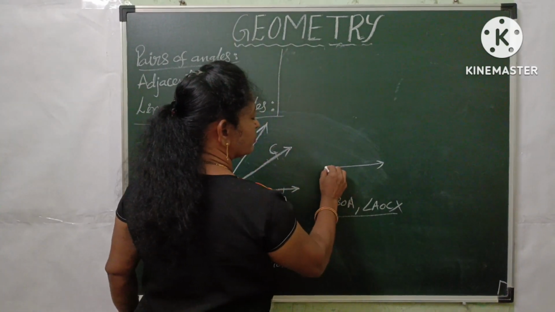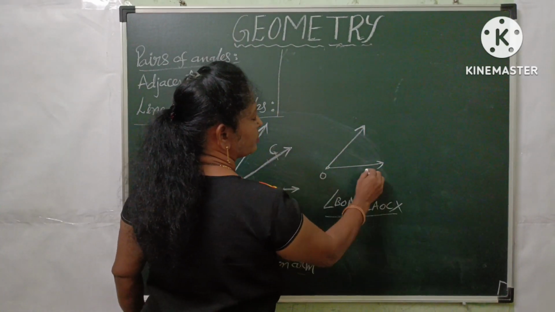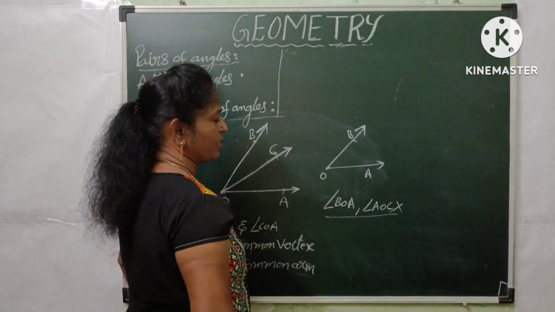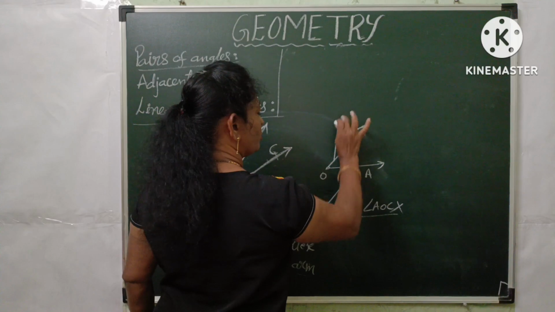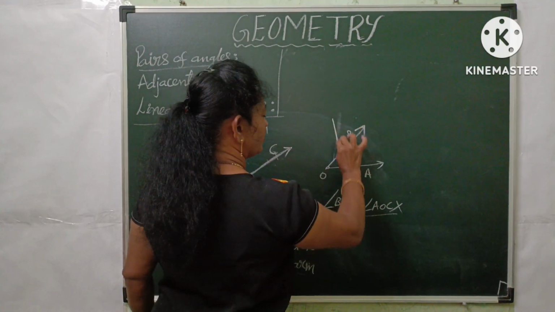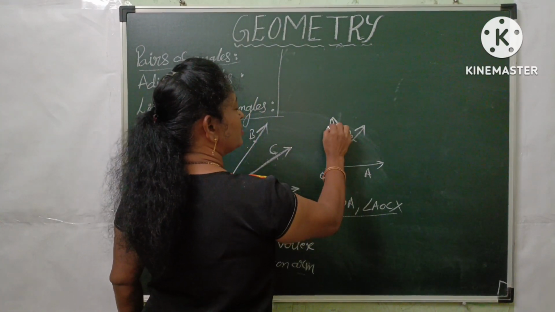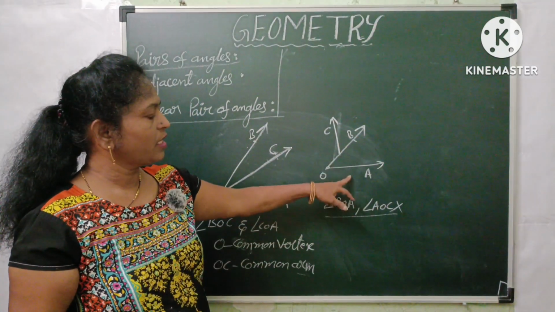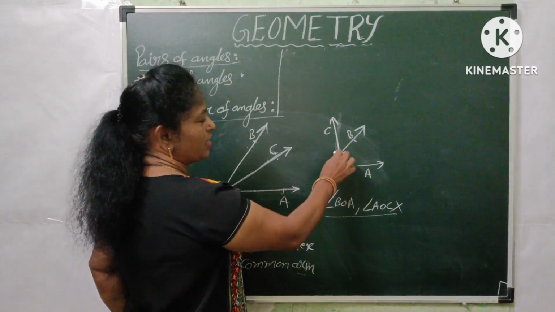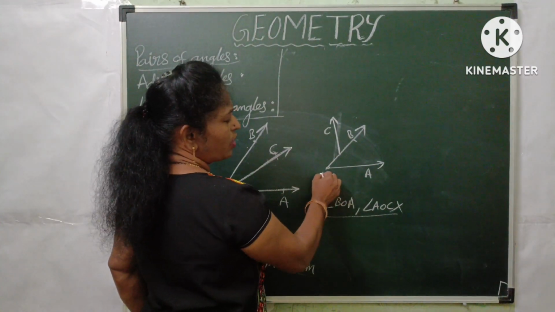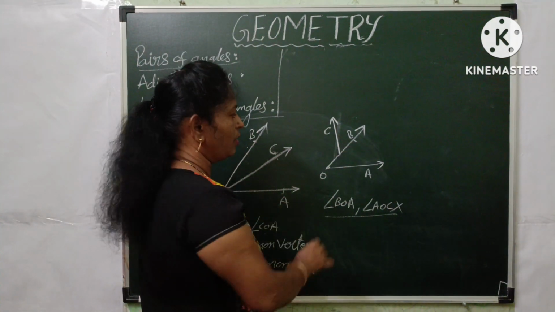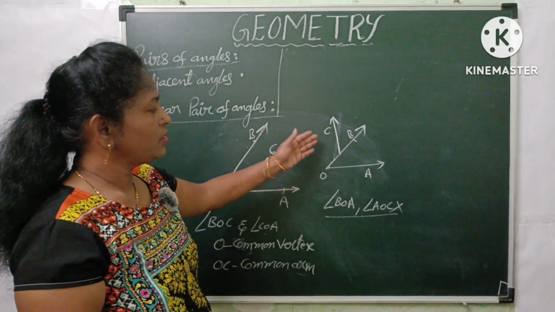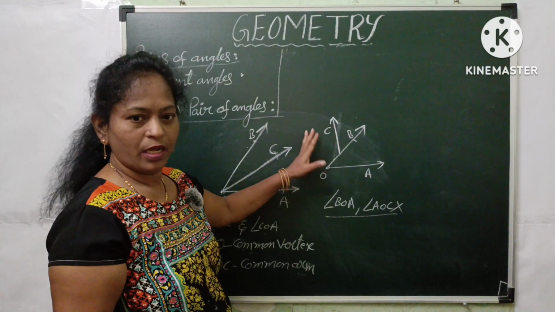Here OA, OB: these two rays have the same initial point. And also here C. Is it an adjacent figure? Only OA and OB have the same initial point, but C does not share it. So this is not a pair of adjacent angles.